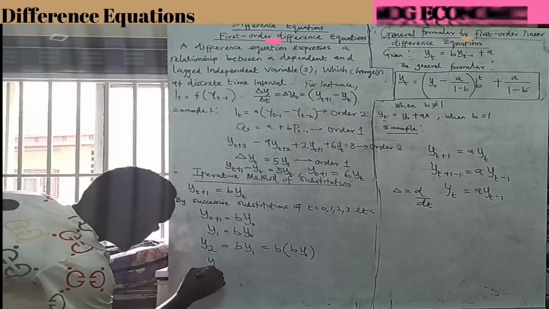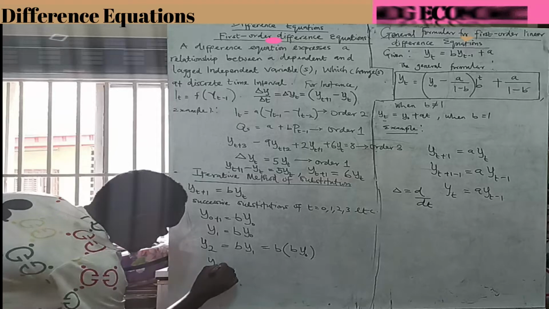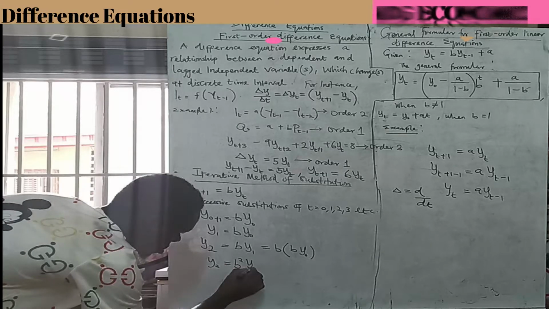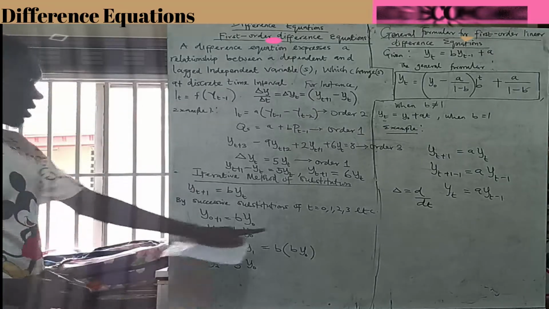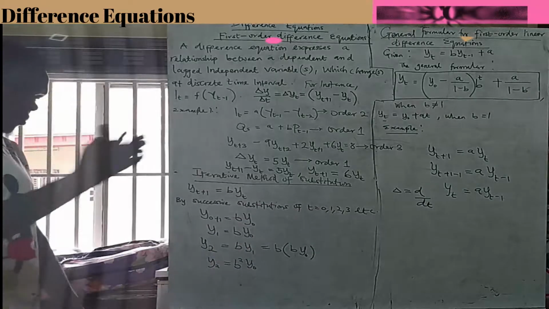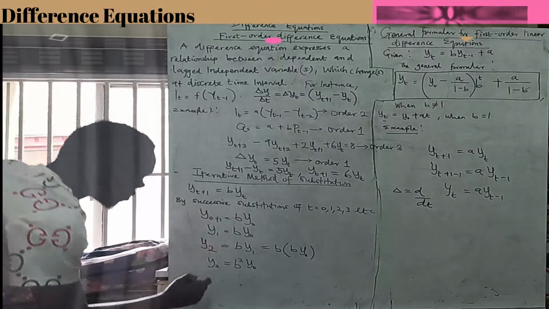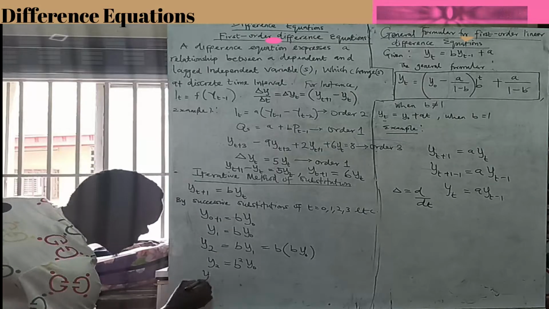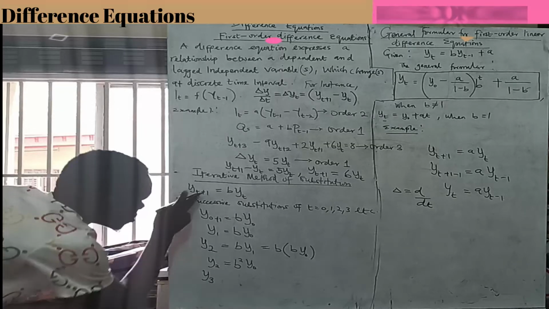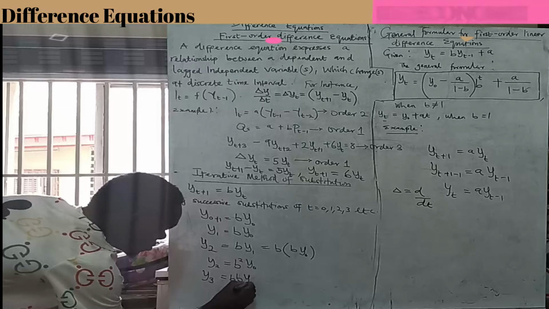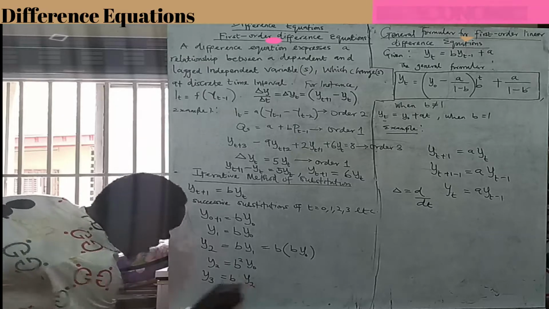which is then, so our y2 is then... So again, if we consider the second period and then substitute again into this equation, it becomes 3 substituting, and then this becomes b y2.